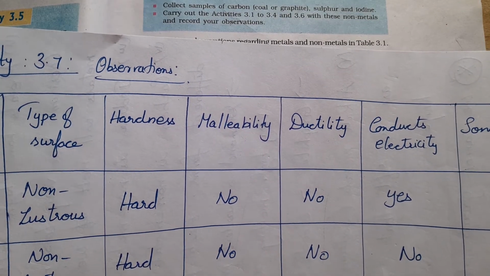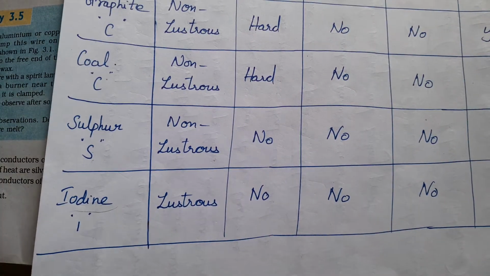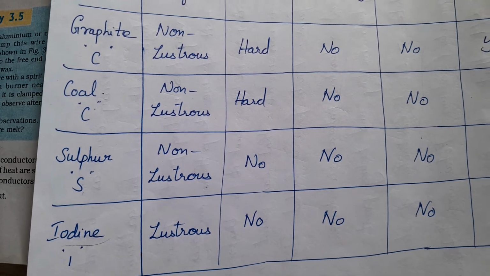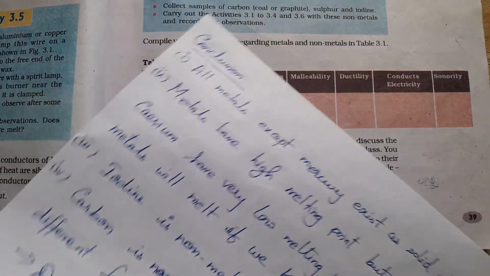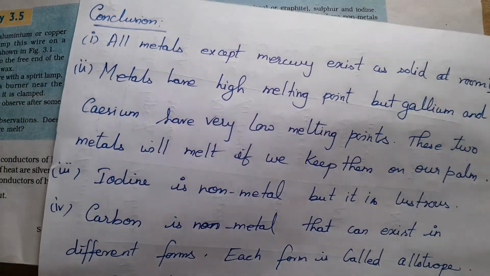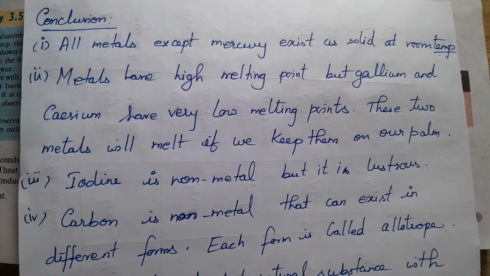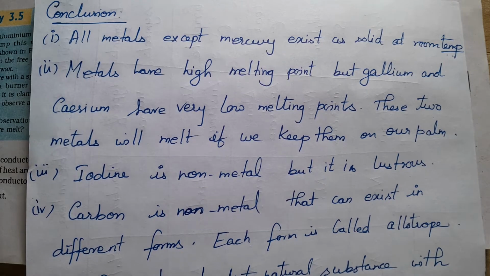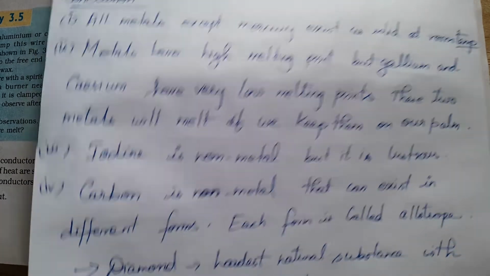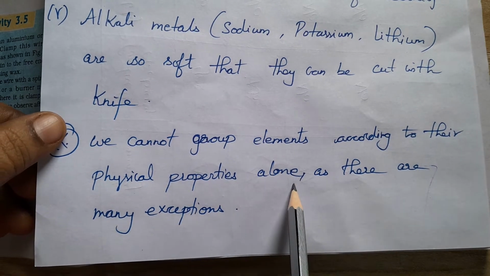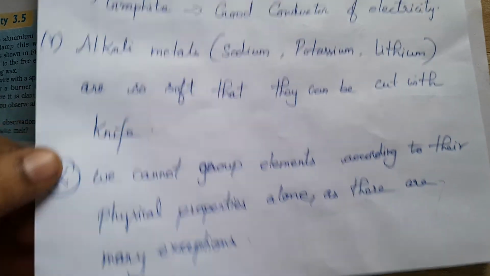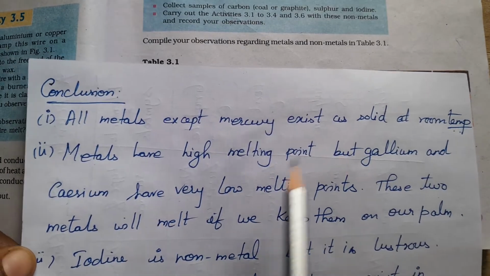Graphite is an exception, and iodine is lustrous but it is a non-metal. Based only on physical properties, we cannot conclude whether it is a metal or non-metal, because so many exceptions are there. So we cannot group elements according to physical properties alone, as there are many exceptions. Let's see some of the exceptions.